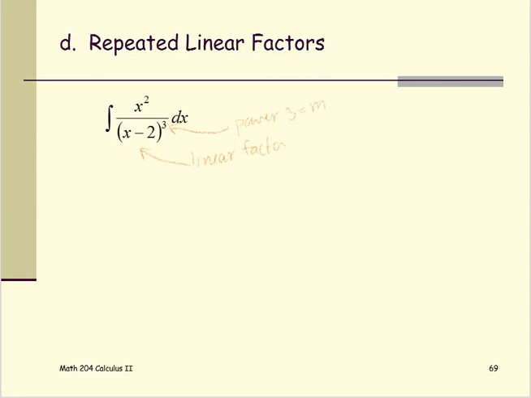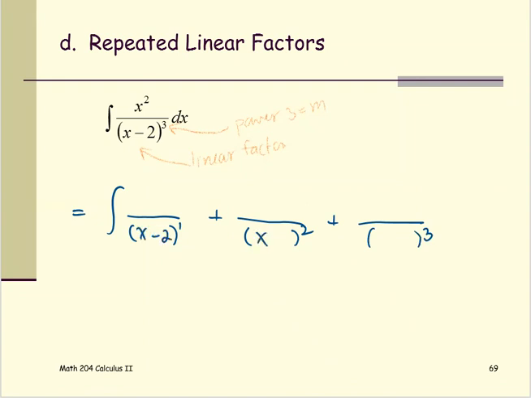So since this is linear, when you do the partial fraction, you're going to have the first fraction of the power 1, plus the second fraction of power 2, plus another fraction of the power 3. So you're gonna have 3 fractions of the linear factor from power 1 up until power 3.